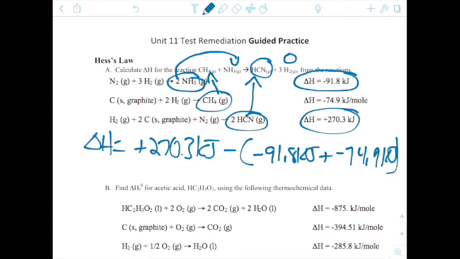Since this is minus a negative, this becomes positive. We add those together, and we get a delta H value of 437 kilojoules.